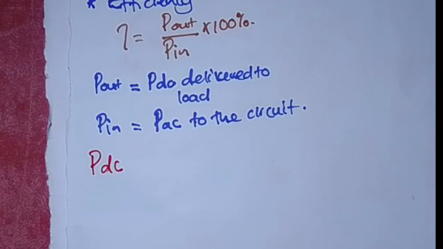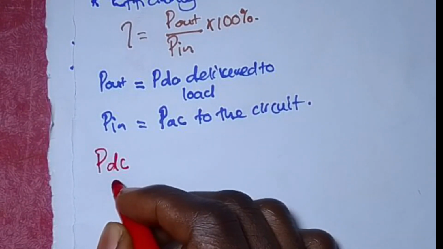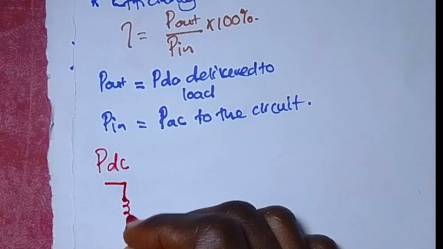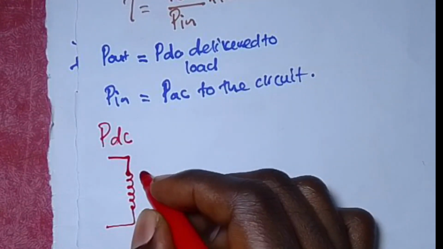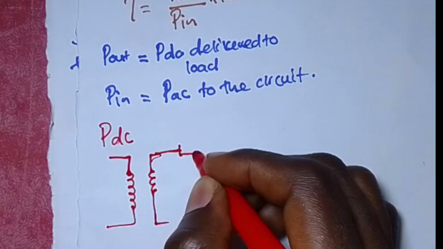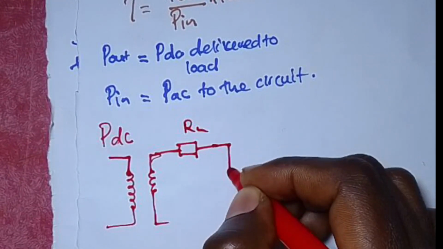As we can see in the previous circuit, my circuit is going to be something like this. I'm just redrawing what I previously drew. This is this point, and here I have my load resistance R_L, and here I have my SCR.